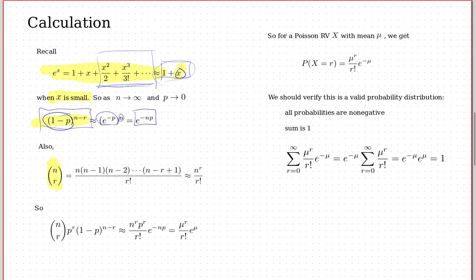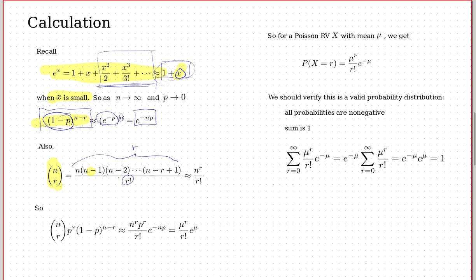Another way you can write it is to write out the factors starting with n times n minus 1 times n minus 2 down to n minus r plus 1. In other words, we write out r of those factors, starting at n and decreasing by 1, and we divide by r factorial.